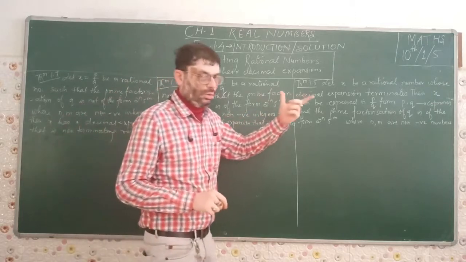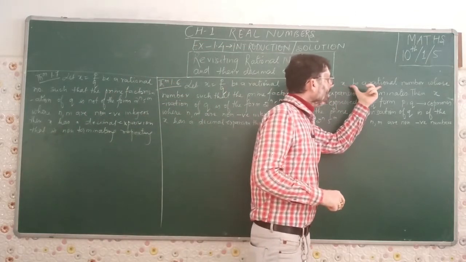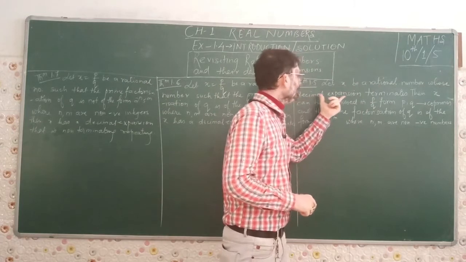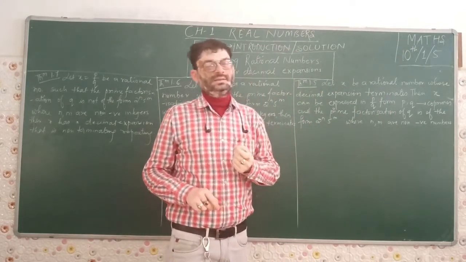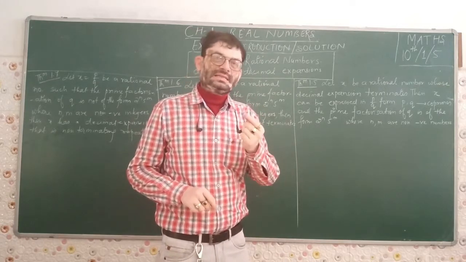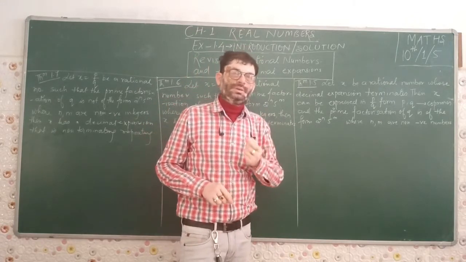Let us move slowly. Let x be a rational number whose decimal expansion terminates. That means we need such a decimal expansion that is terminated one, and that would be a rational number.